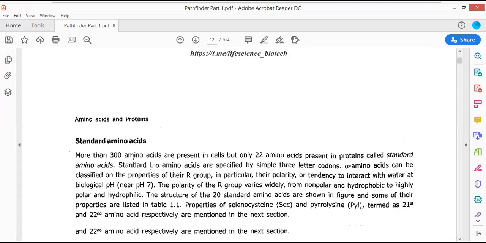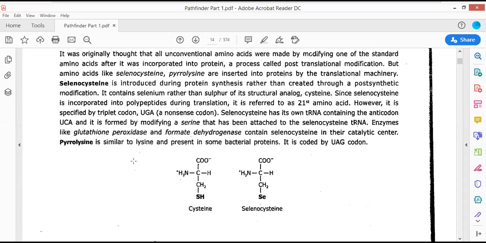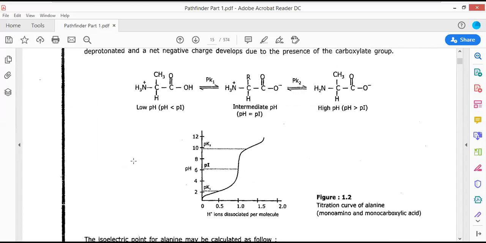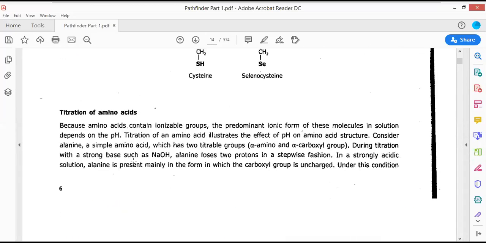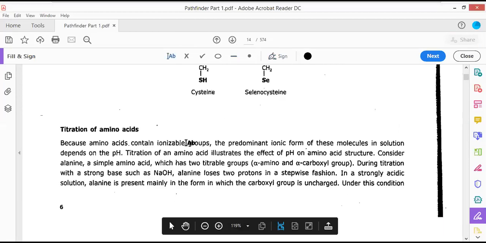Now look here, these are the questions which have been asked about the isoelectric point. Let me see if you can recollect. Now see this, the first property that I was informing you about, that an amino acid can act as a zwitterion. The question is directly asked from this titration of amino acid. You are going to titrate an amino acid with a strong base such as NaOH, say alanine. Supposing we have taken alanine, my dear friends, then what is going to happen? Alanine is going to lose 2 protons in a step-by-step manner.